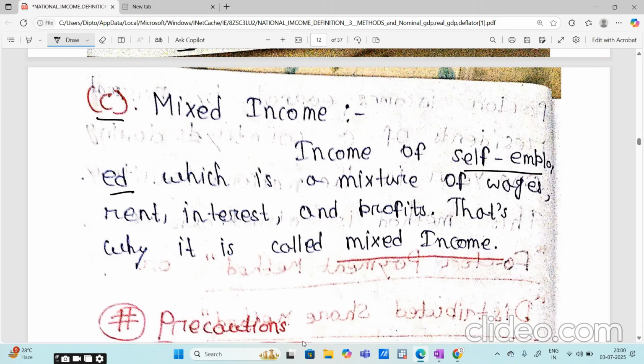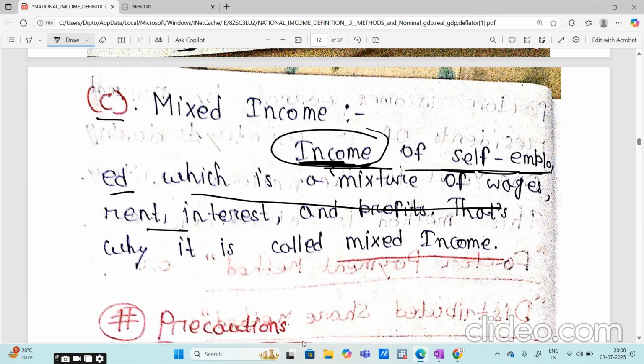But in this case I am working independently as a self-employed person, and I am not taking salary from any employer. So a self-employed person's income is counted differently. Income of any self-employed people is basically mixed income.